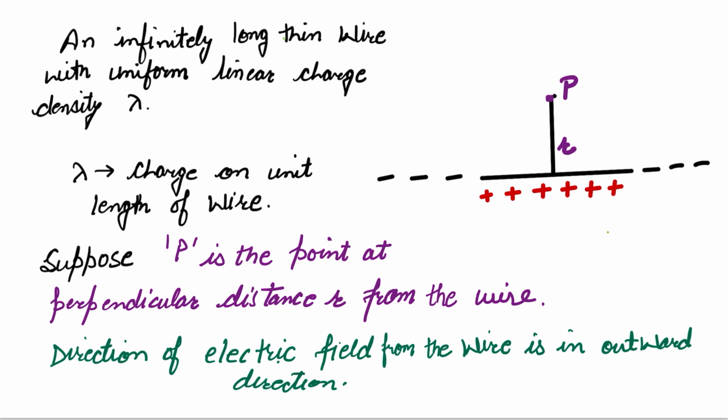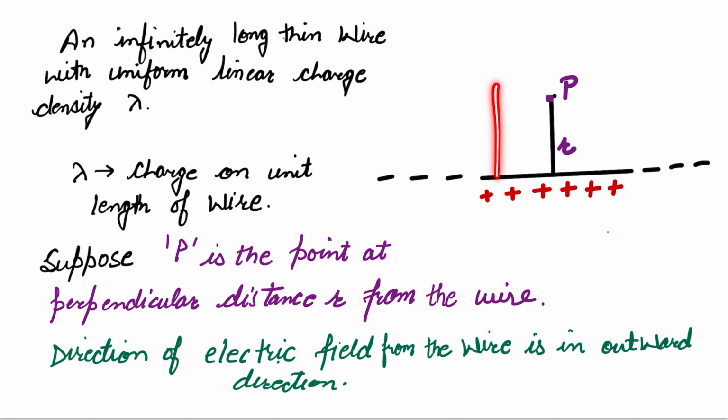So we want to calculate the electric field intensity produced due to this wire. For that, we choose a point P. This point P is at a perpendicular distance r from the wire, right? One important thing is that the wire is positively charged, and we know that the electric field lines diverge outward from the positive charge.